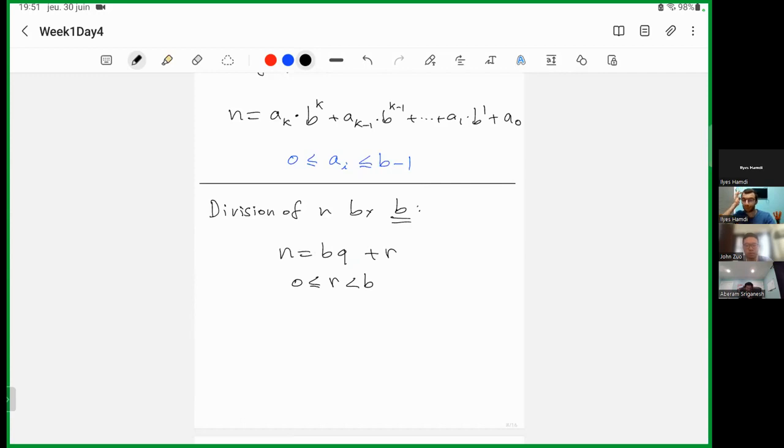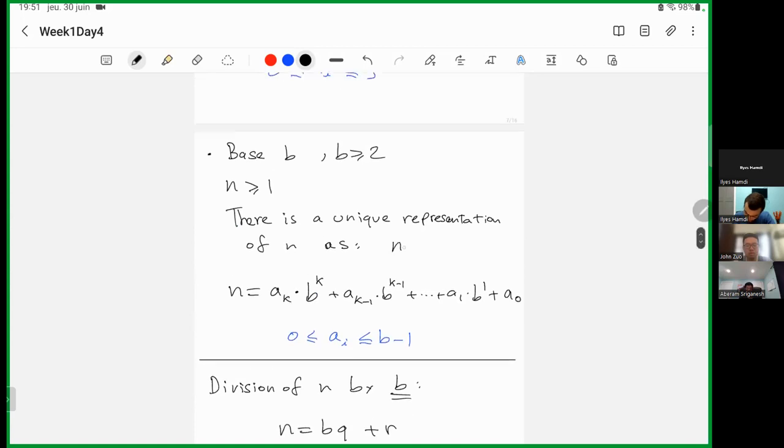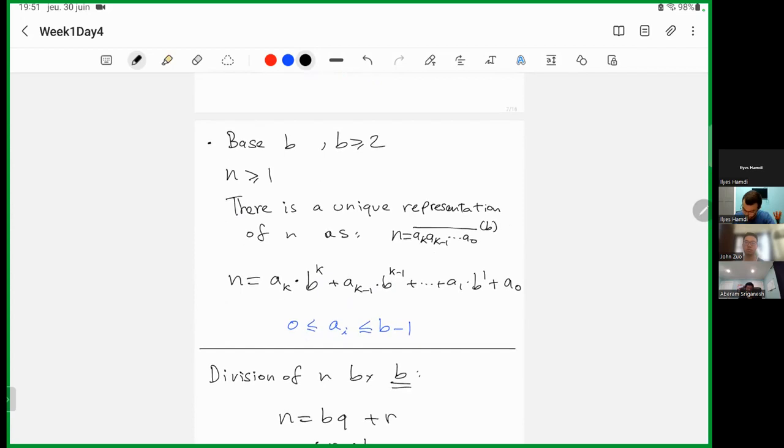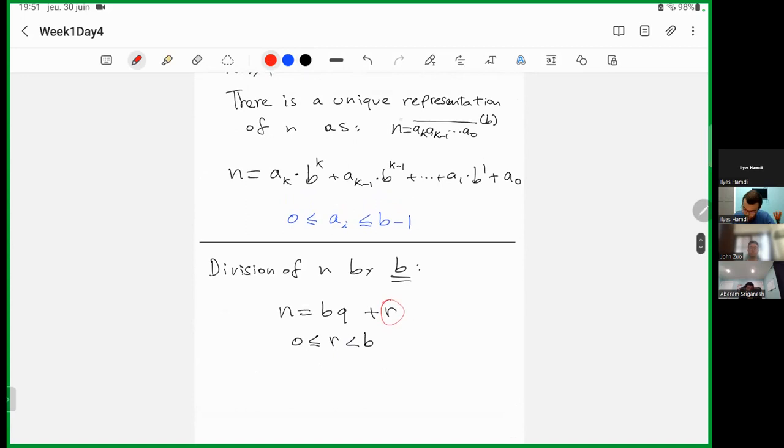So what can you guys tell me about the representation of n, which I just rewrote as a_(k-1) ... a_0 in base B, sorry. What can you guys tell me about R in terms of the representation of n that we wrote here?